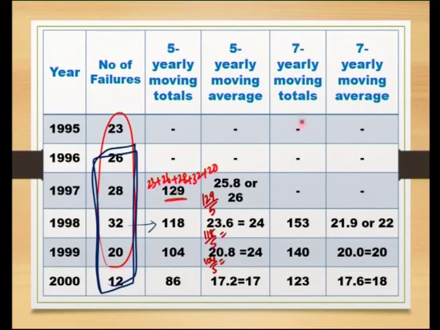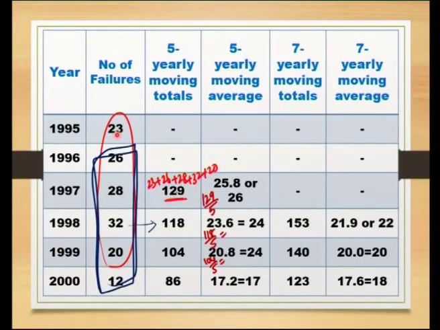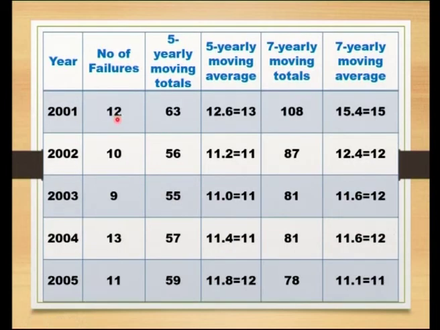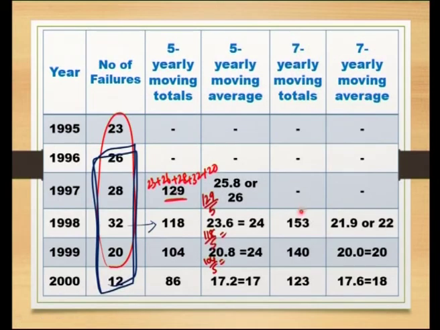Next, 7-yearly moving totals. The 7-yearly moving total is the total of 7 values. What are the first 7 values? 153 is obtained by adding the first 7 values: 23 plus 26 plus 28 plus 32 plus 20 plus 12 plus 12, and it is written in the middle of the first 7 values.